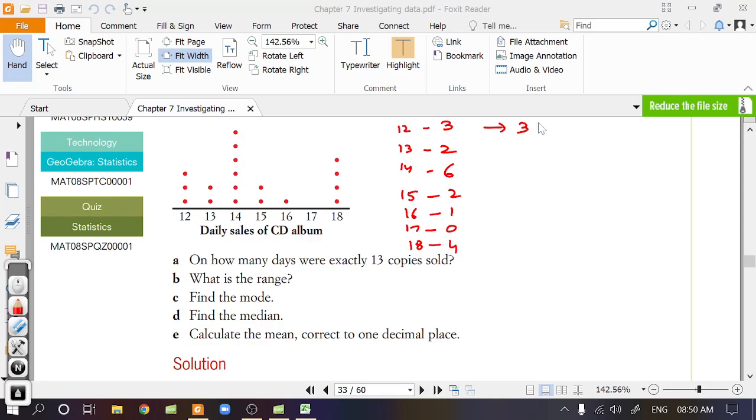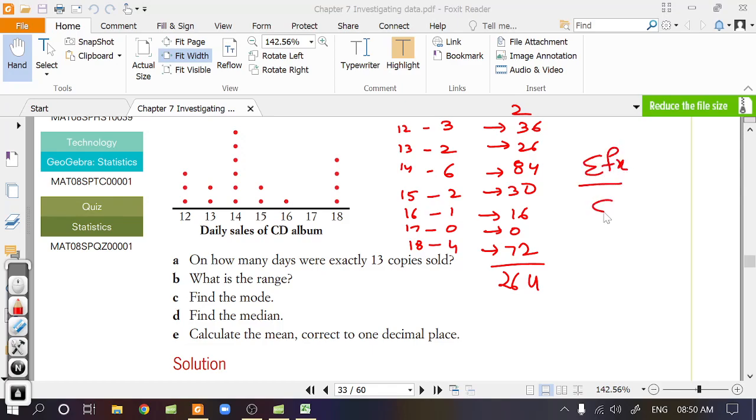Sigma fx will be 36, 26, 60 plus 24 is 84, 30, 16, 0, 72, and the sum comes to 264.